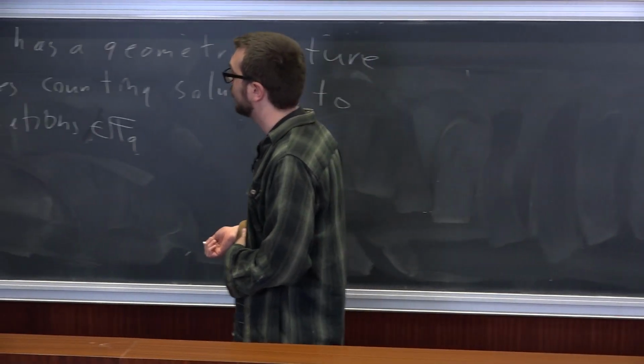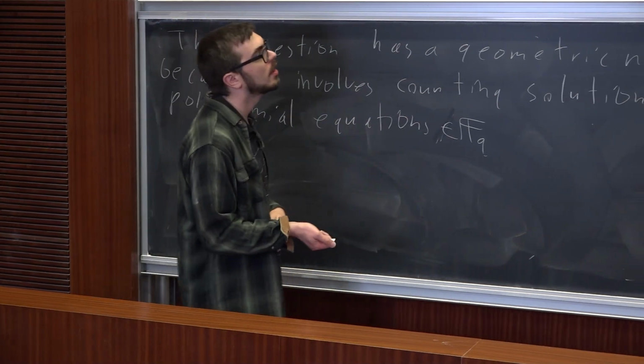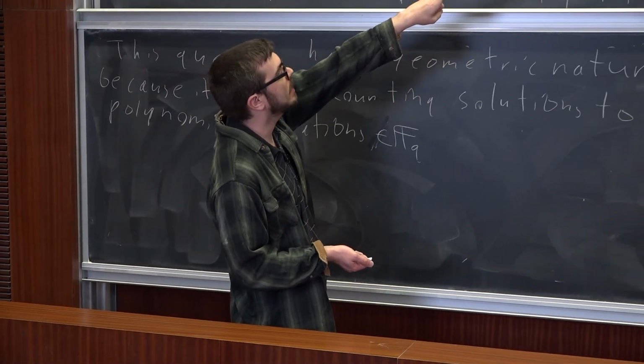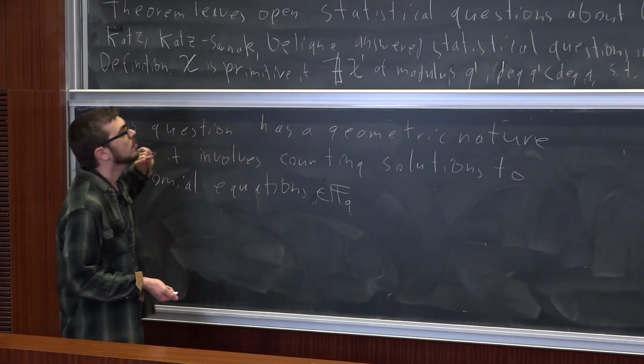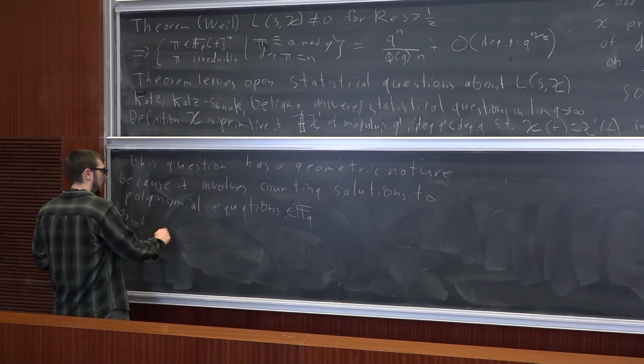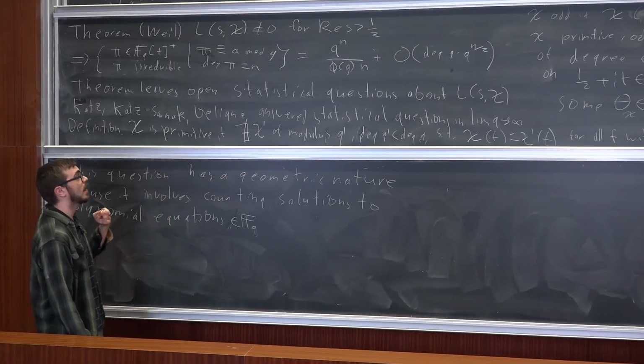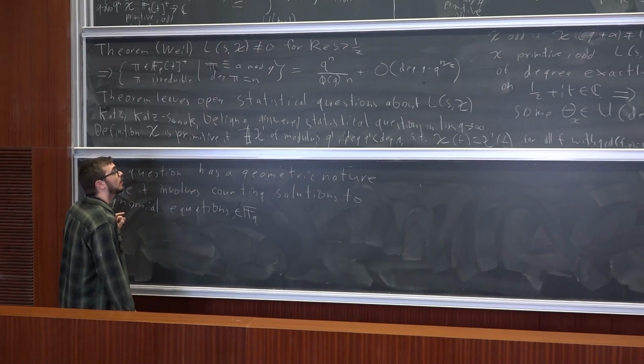So the idea is you take the sum on the left side and expand it out using the definition of L(1/2, chi).